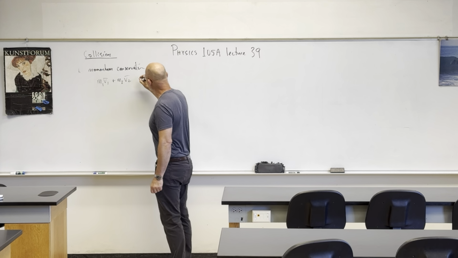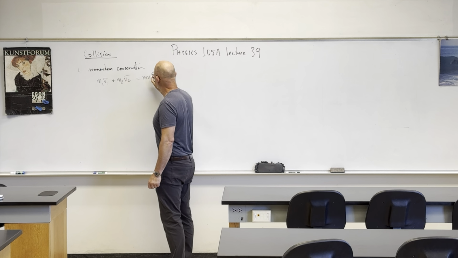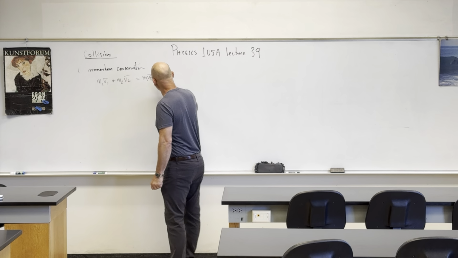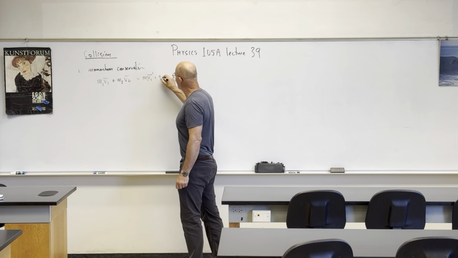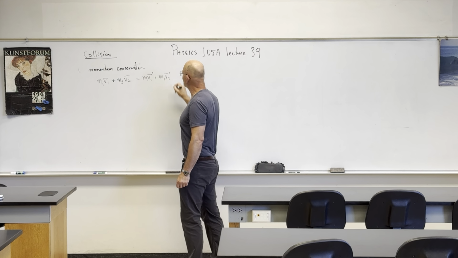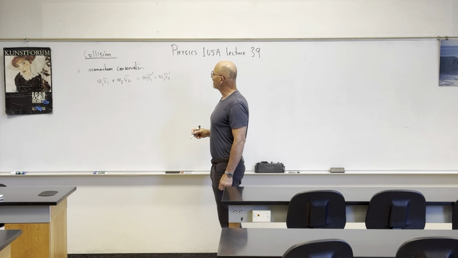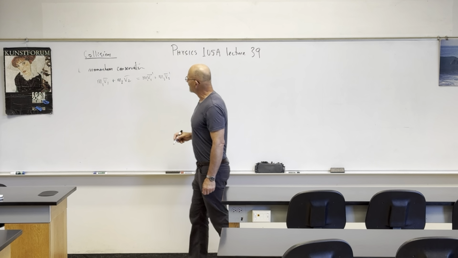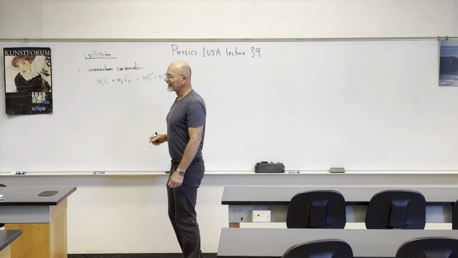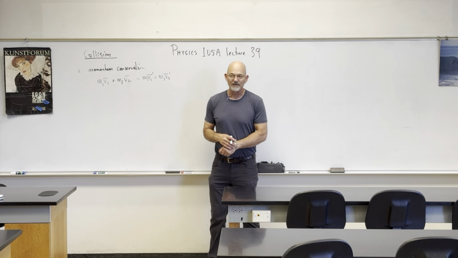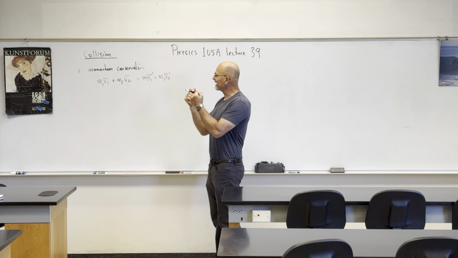That's before the collision, and this equals m1 v1 prime plus m2 v2 prime, where prime means after the collision. So we have that. And then we had the perfectly inelastic collision, which was when things collide and stick together.